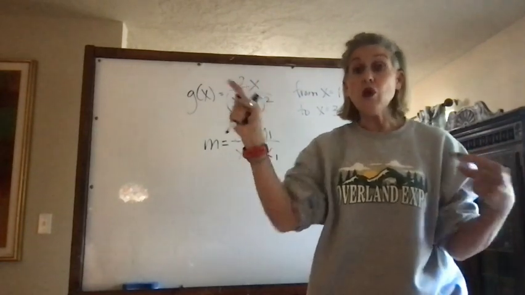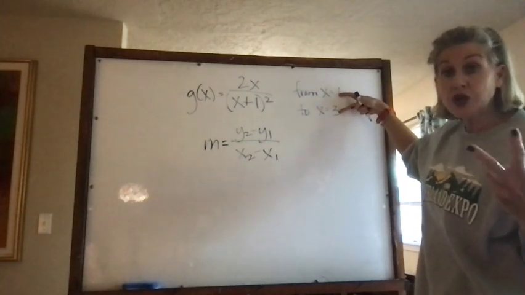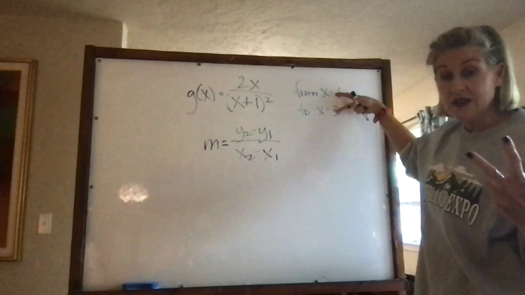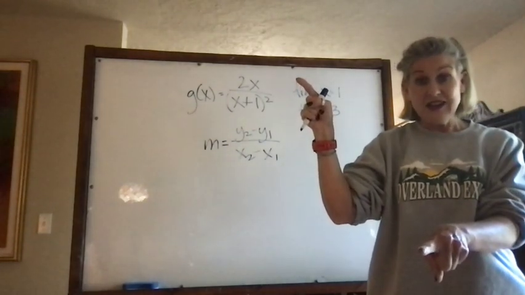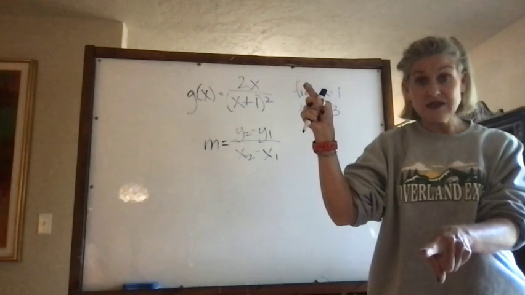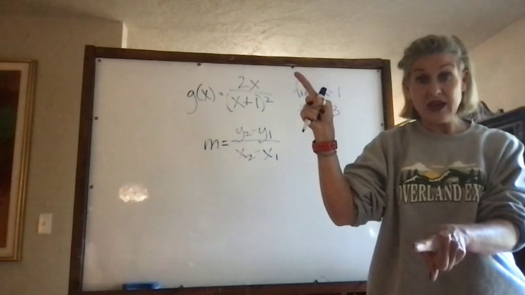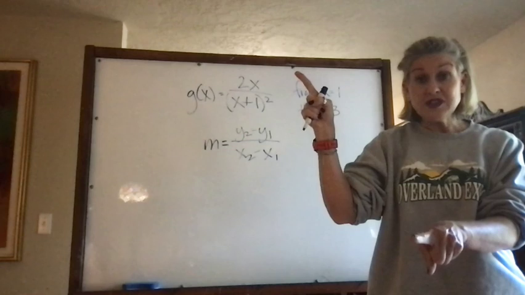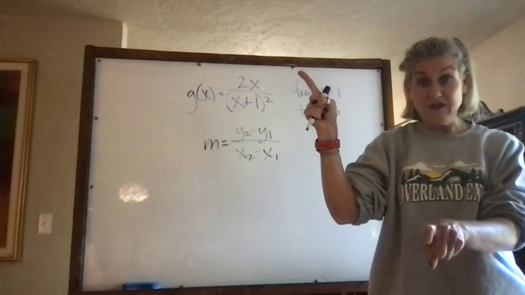Okay? So on these problems, what they're giving you are 2 x values. So if you've got this point here and this point here, you need x and y up here, they're only giving you x. And you need x and y down here, and they're only giving you x. So the first thing you have to do is find this guy's y value and this guy's y value.